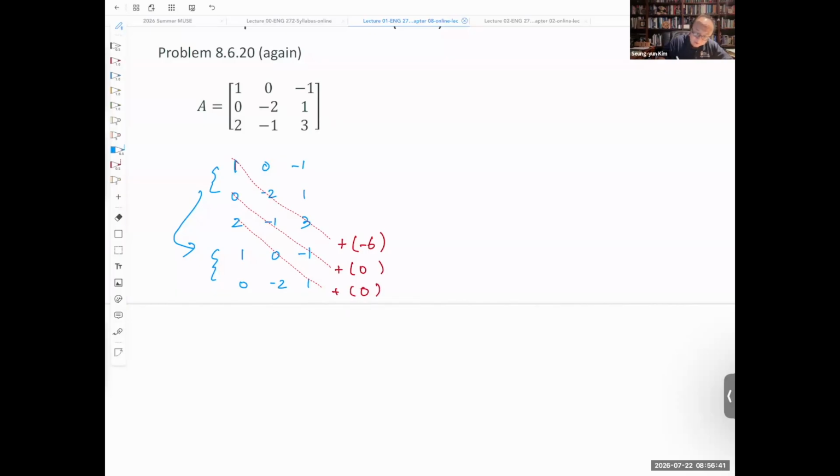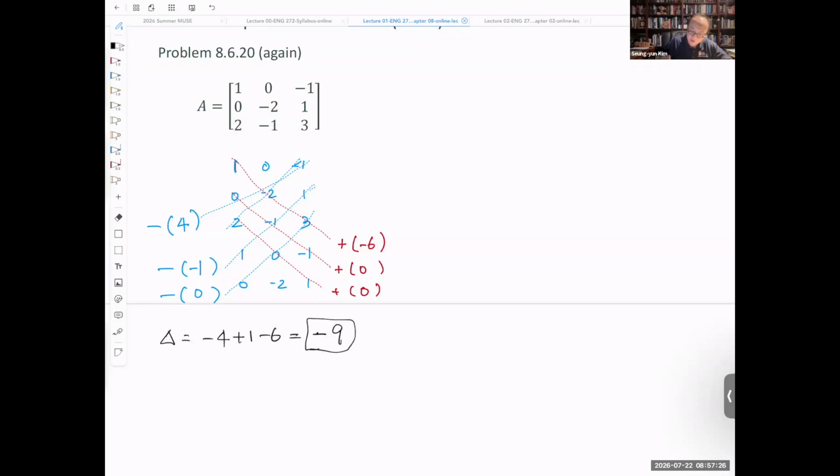And the opposite way, we have a negative, negative, and negative 4, right? And then this 1, 1, 1, negative 1, this one is a 0. So our delta equals to negative 1 plus 1 minus 6. So that is negative 9 as a delta.